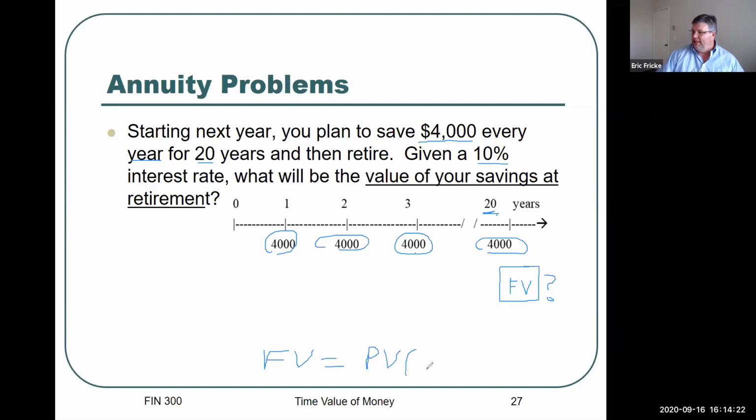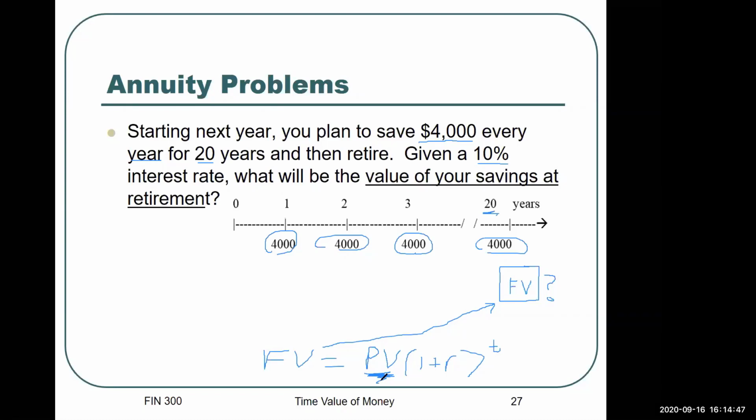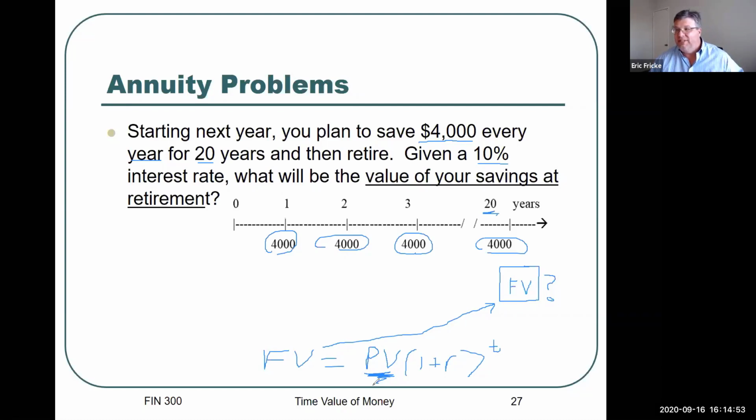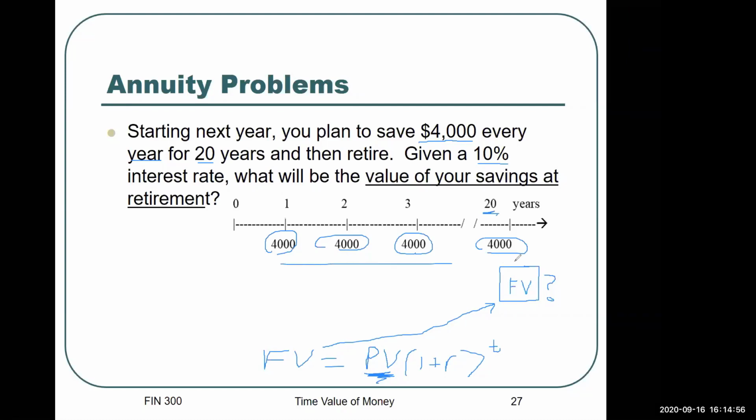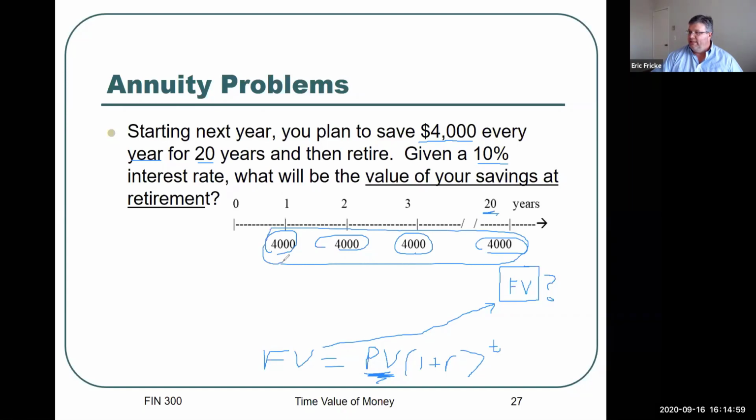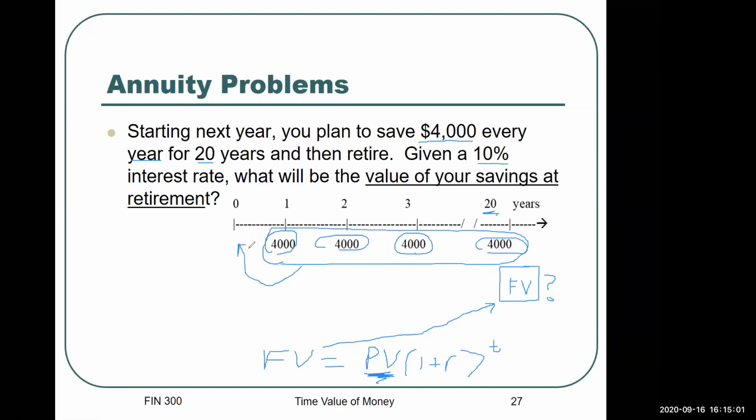We know that we can calculate the future value if we have the present value, right? But what's this? We need the total present value of this annuity. This is basically an annuity right here. Is there some way we can take these cash flows and calculate the present value?